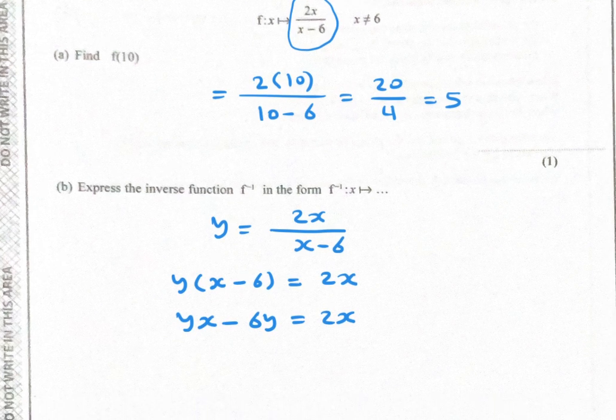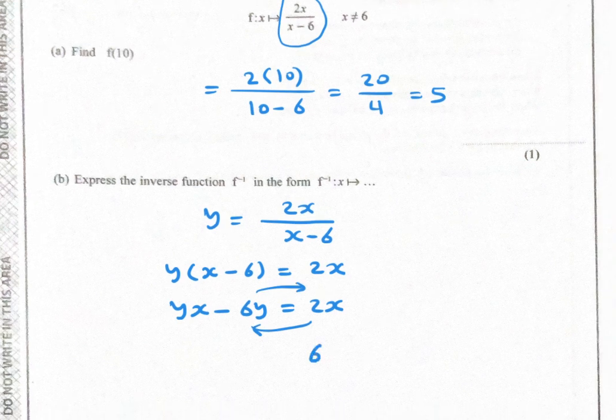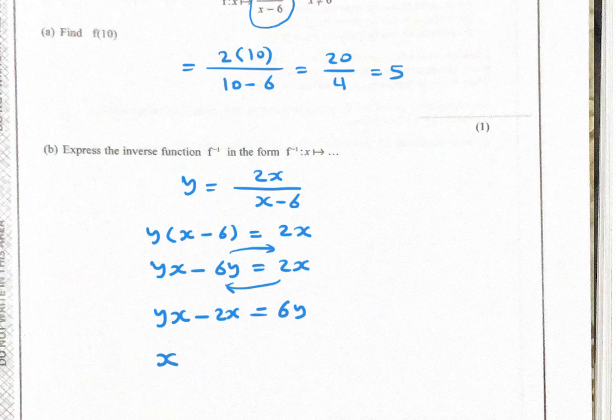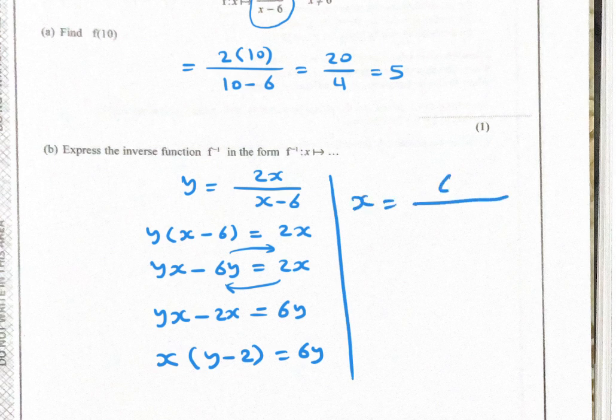Put x on one side. So transpose 2x to the other side and negative 6y to the right hand side. So 6y equals yx minus 2x. Now take x common, so x times y minus 2 equals 6y. So x equals 6y over y minus 2.